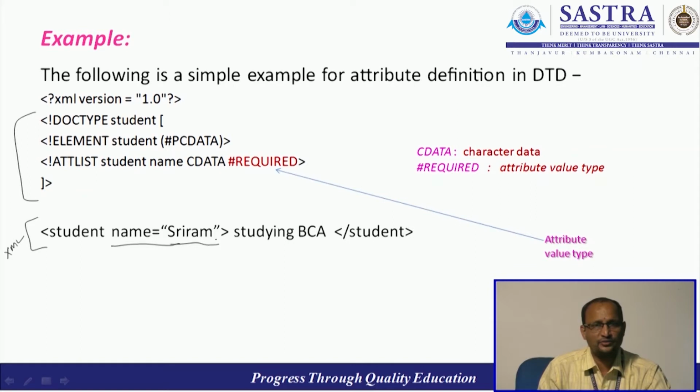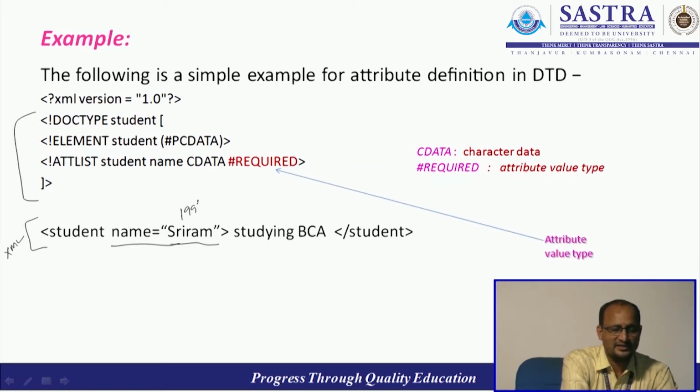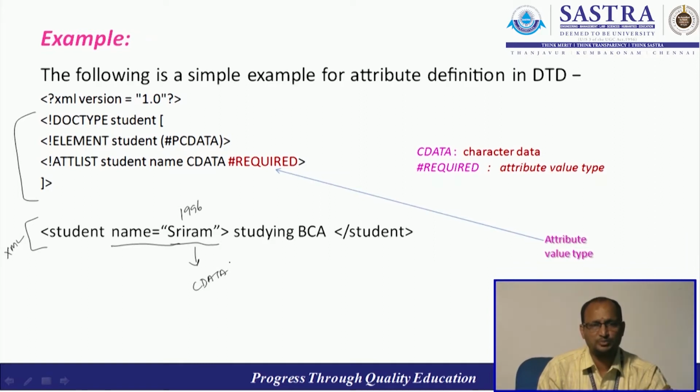If you want to give Rajesh, you can give Rajesh instead of Sriram. If you want to give 1996, you can give that, because it considers everything as character data. Only this much validation is possible for an attribute.